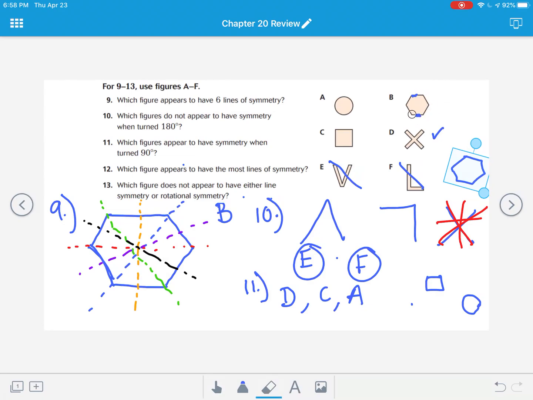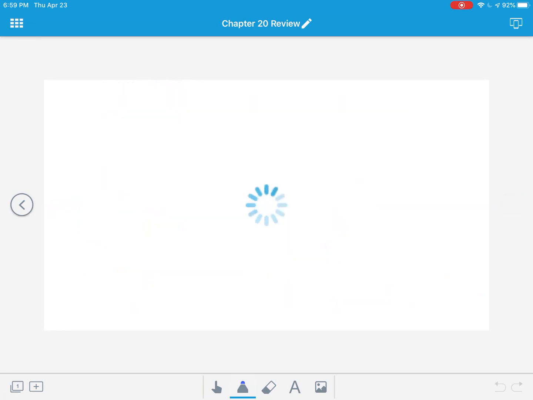But if I look at this one, I can tell all of the lines are equal length. And if I turn the original one, that will work. Mine did not because I didn't draw equal length sides. But in the original one, it is fine. All right, we're going to skip number 12 and 13, and we're going to get you guys going on your quiz.